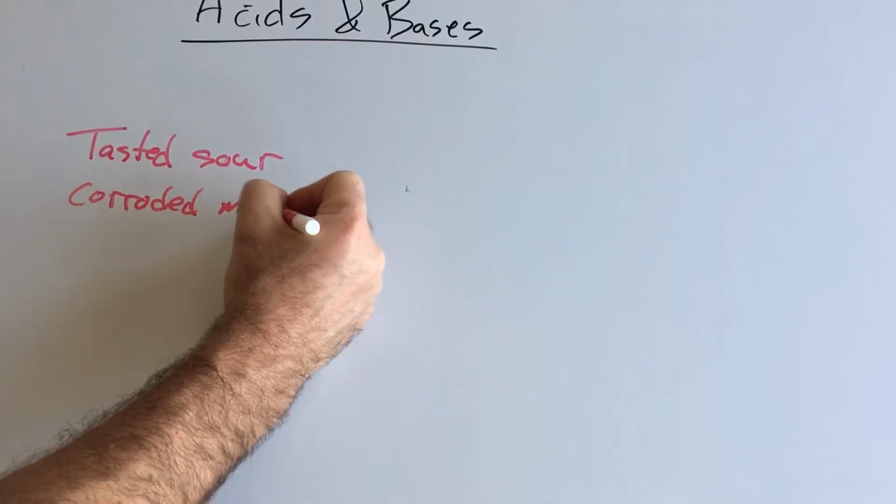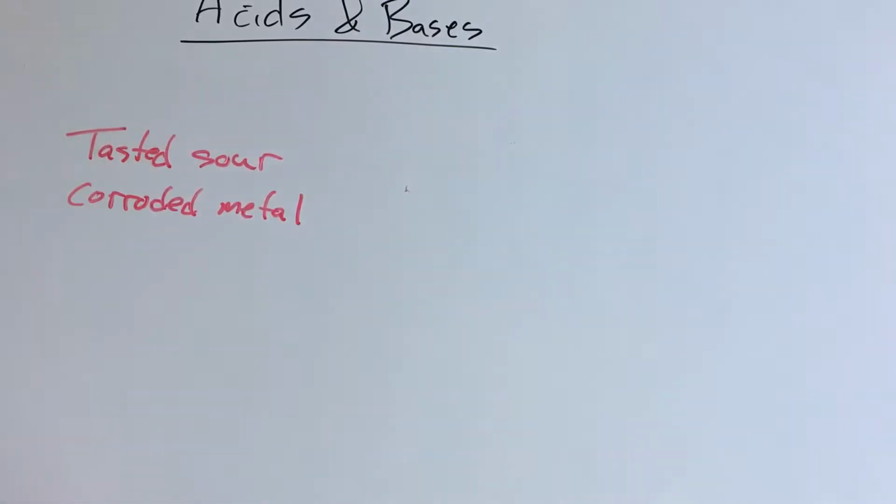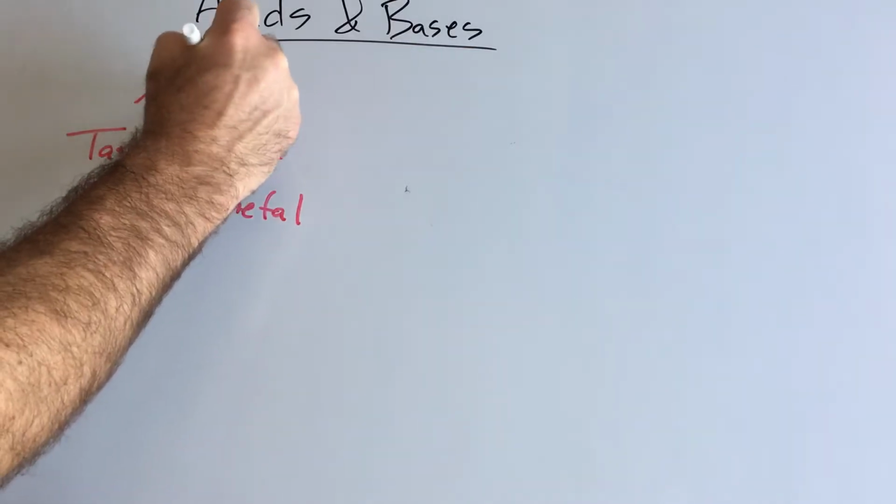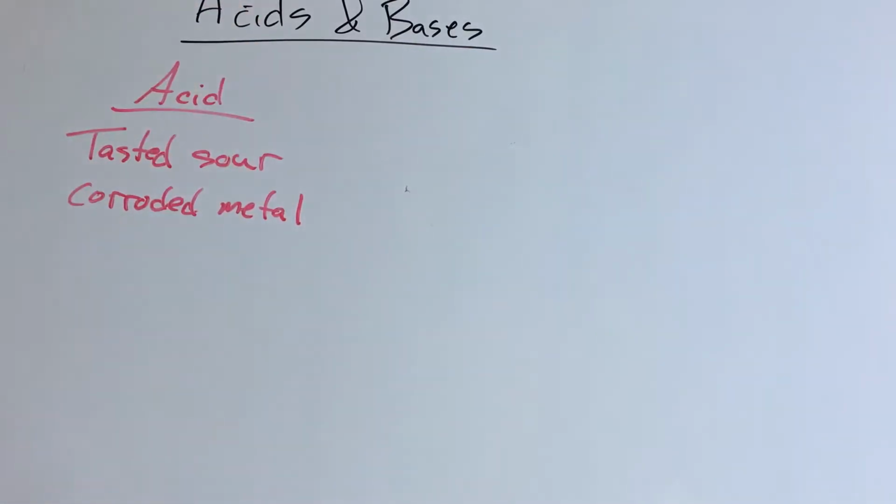If you put it on metal and you walked away for a little bit, it would eat away at the metal. And we gave it the name acid. So before we had litmus tests and the chemistry behind it all, we would taste it or we'd put it on metal, and if it tasted sour or corroded metal, we called it an acid.